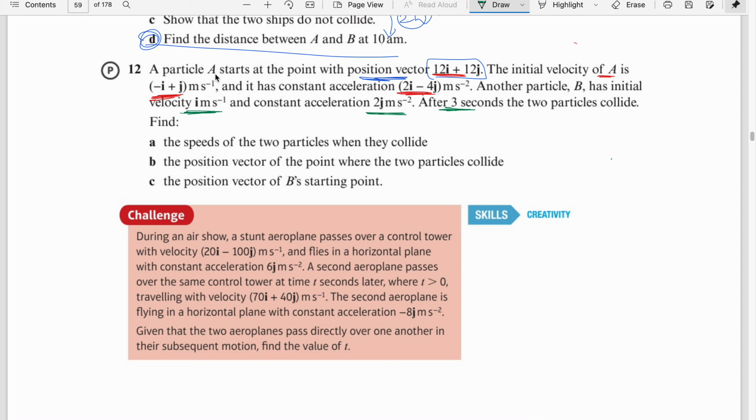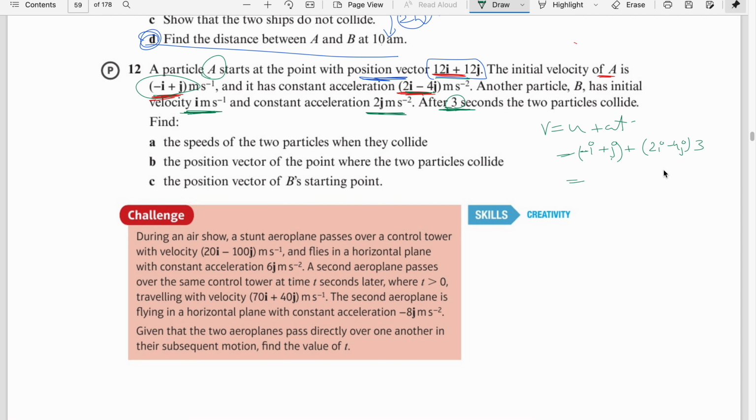So for particle A, we have the initial position, we have the initial velocity, and we have the acceleration. So if I use v equals u plus at, initial velocity is minus i plus j, and acceleration is given, which is 2i minus 4j, and time is 3 seconds.